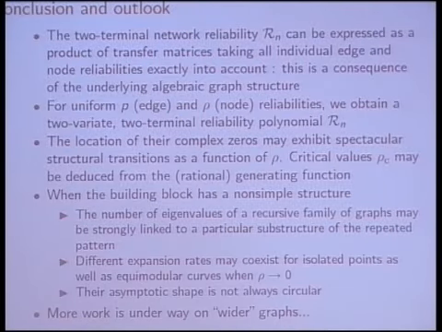So as a conclusion, I would like to mention that the two-terminal reliability of a network can also be expressed as a product of transfer matrices, so it's not surprising that it's possible to do a case study of what happens for not only one but two different reliabilities. And of course we can have different structures of zeros for a single family of graphs.